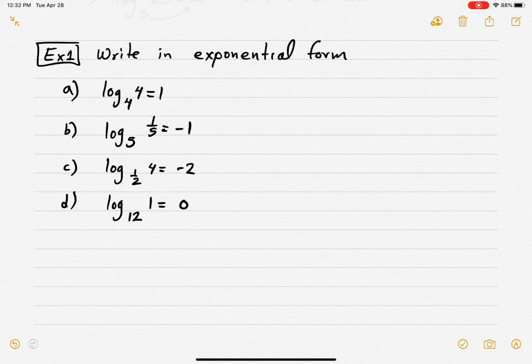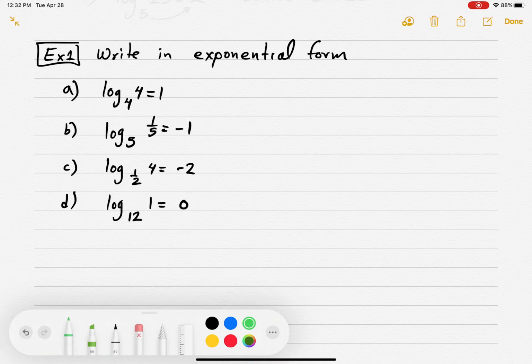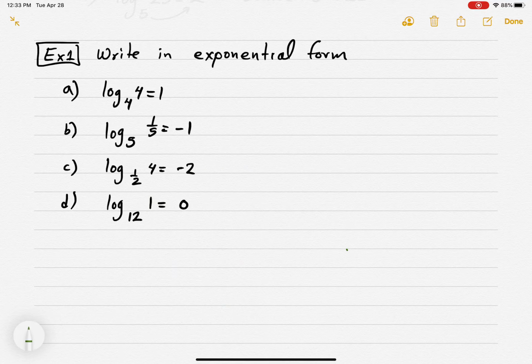Okay, so we're going to switch these logarithmic equations into exponential form by rewriting them as exponents. So in this case, 4 to the first power is equal to 4. That's how we write this in exponential form. How do you write the next one?